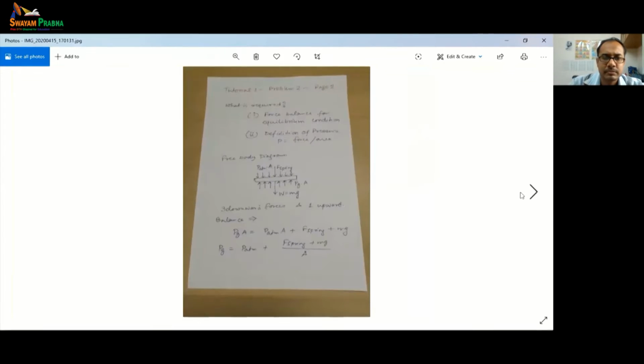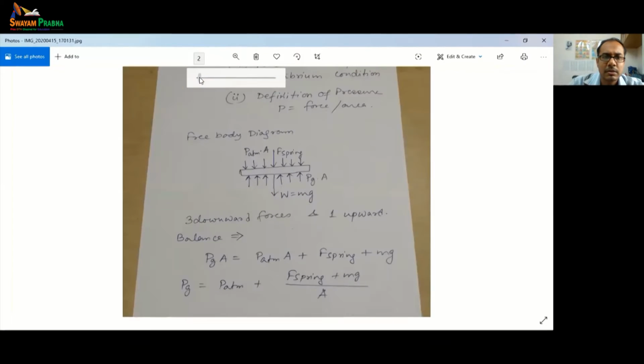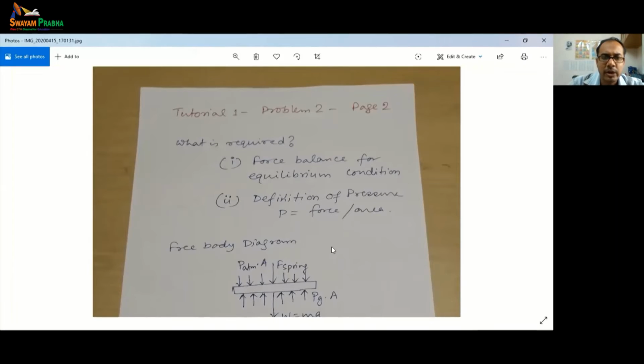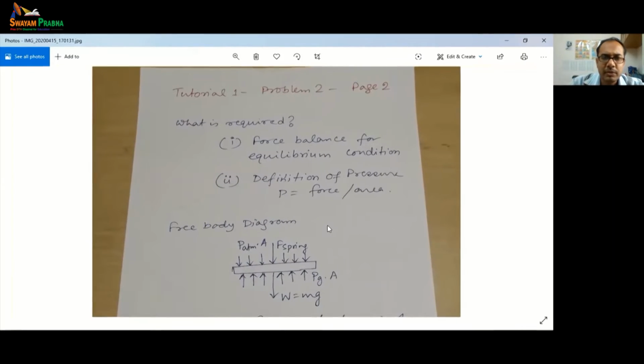Let me zoom this a little bit. So what we require is the force balance for equilibrium conditions. The piston is not moving, it is staying at its place. That means all the forces acting on it are balanced.